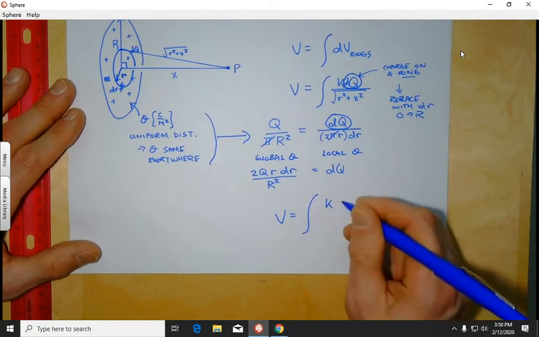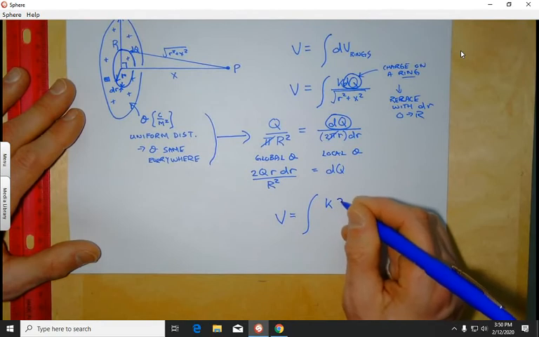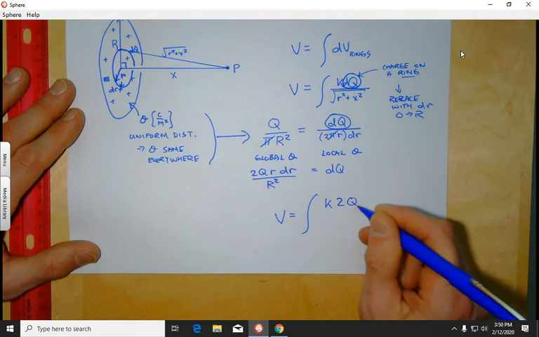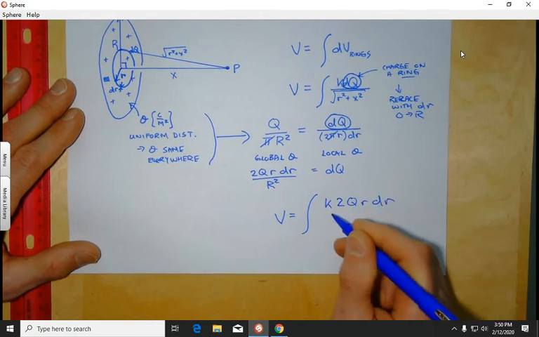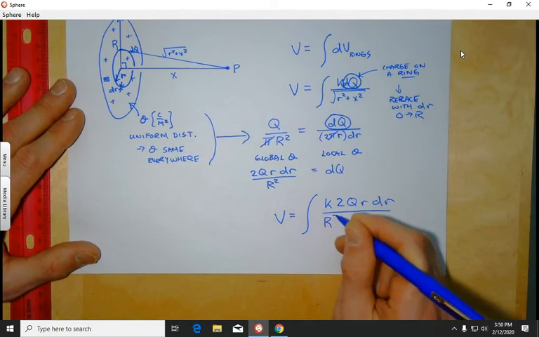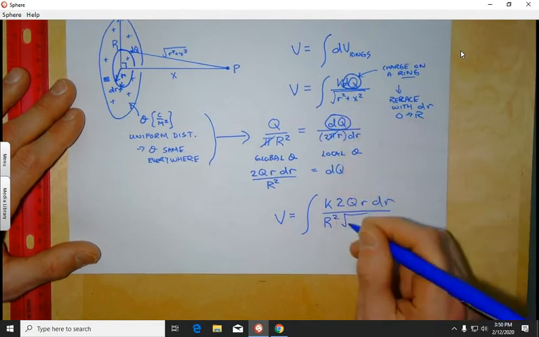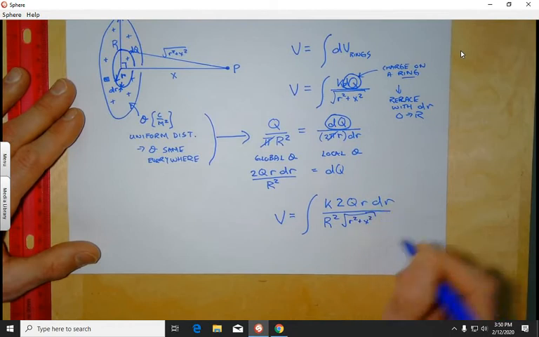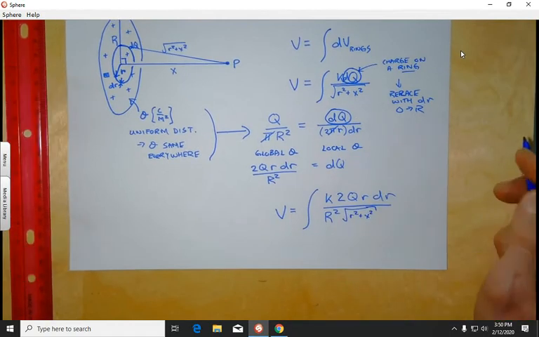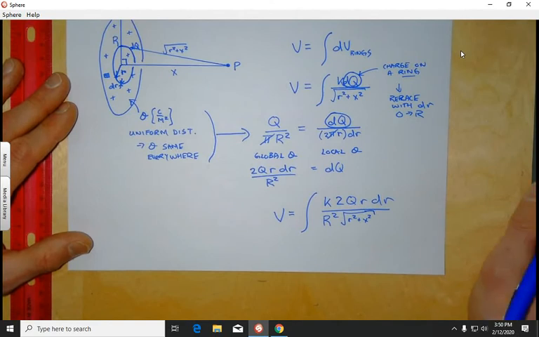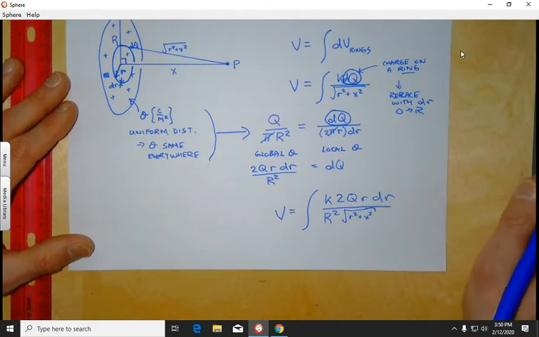And so I'll have k times 2qr dr divided by R squared times that part, which is the distance part. Okay, you can check the math there.